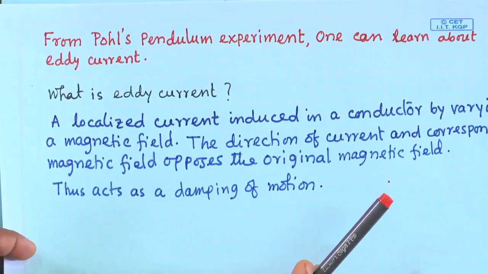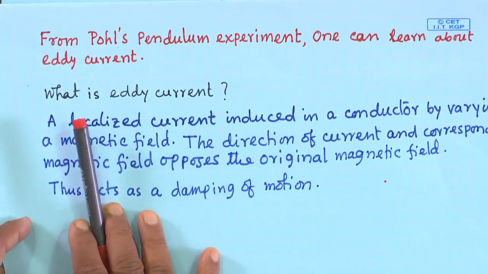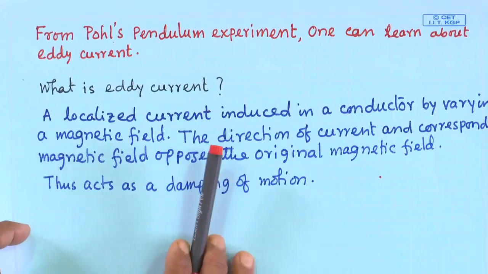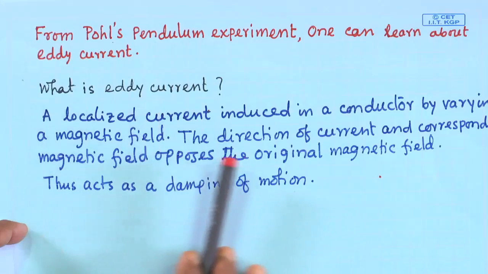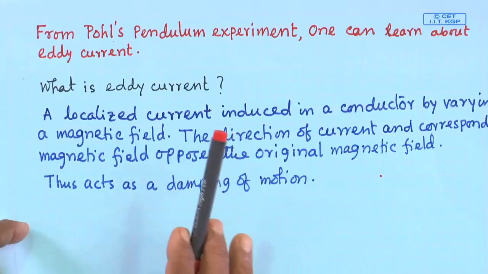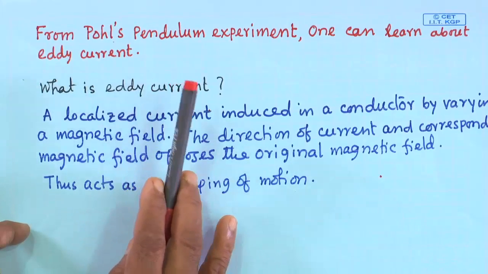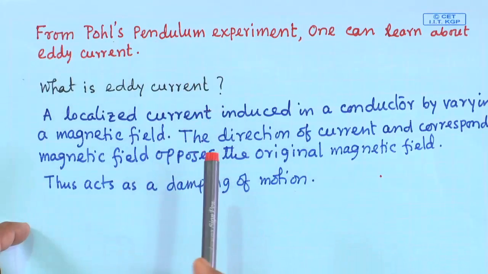So, this is the definition of the eddy current, and according to this definition, that arrangement is done in Pohl's pendulum to produce the damping in the motion. So, this is a very nice experiment where one can see the effect of the eddy current, right.